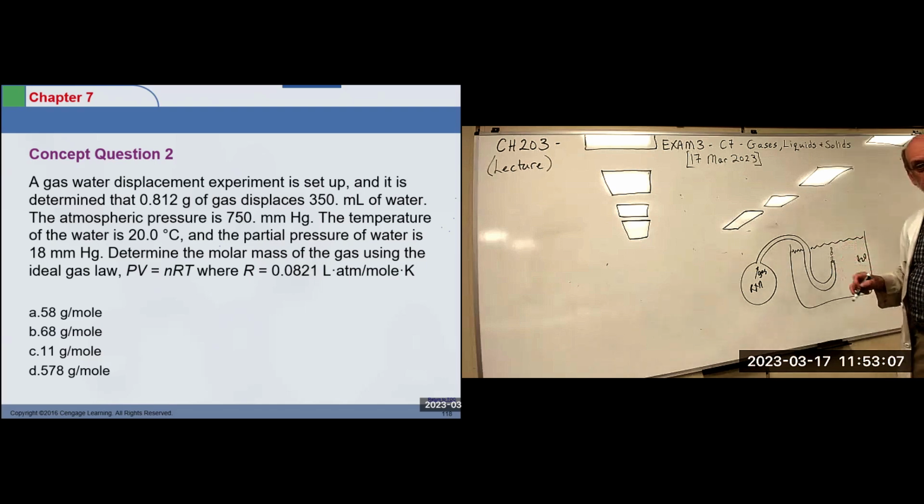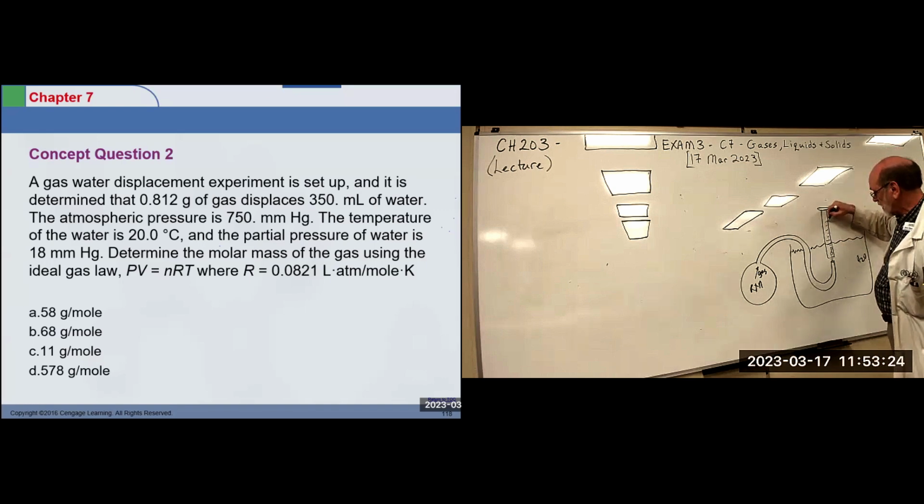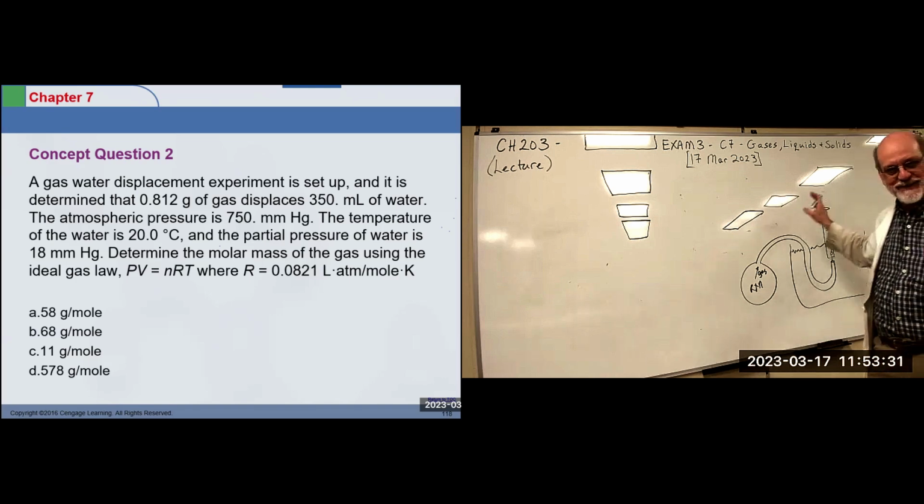But we want to catch it. So what we have is a graduated cylinder, right? That's got volume markings on it. And it's filled with water all the way to the top or the bottom, as the case may be.